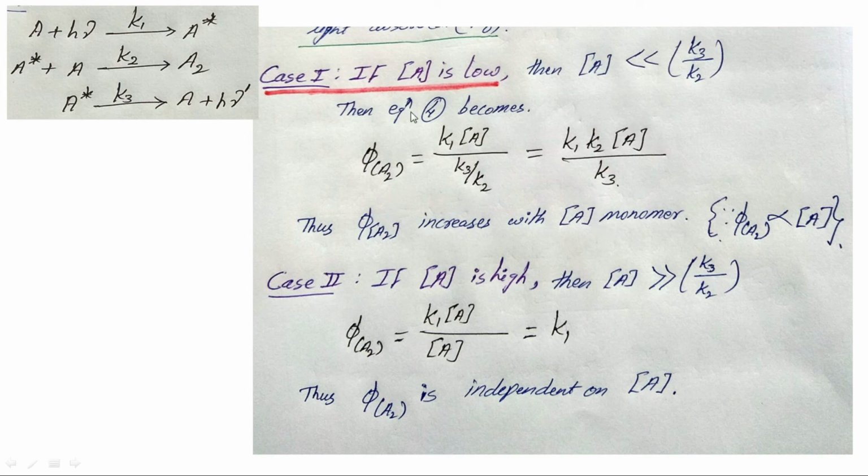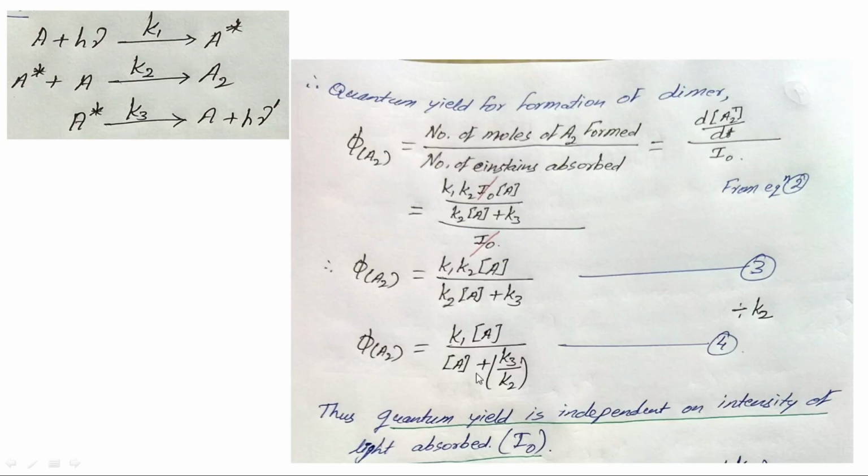The second possibility is if the molar concentration of A is very high. That means the molar concentration of anthracene is very much larger compared to K3 upon K2. In that case, in equation 4, as the value of the molar concentration of A is very large, K3 upon K2 is neglected.